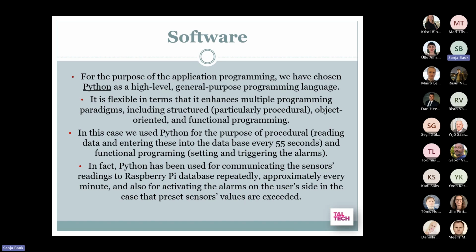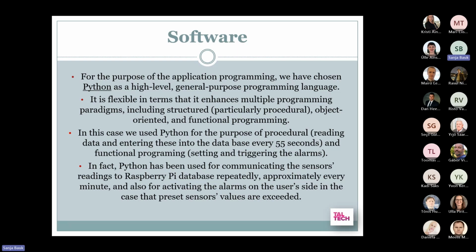For the purpose of the application programming, we use Python as a high-level general-purpose programming language because it is flexible in terms that it can support multiple programming paradigms, including structured, procedural, object-oriented, and functional programming.